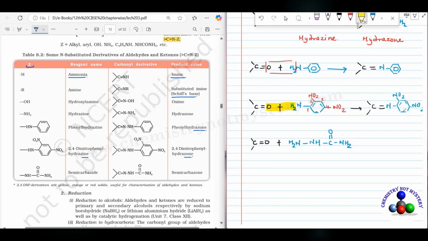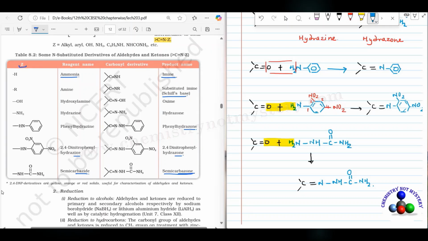Now again remove the water molecule, so water is removed from the molecule, and here you will get the product. See, there are 2 free valencies, double bond, and draw the rest of the molecule. Nitrogen single bond NH, it is bonded to C double bond O, NH2. So this is semicarbazone. It was semicarbazide and the product is semicarbazone.